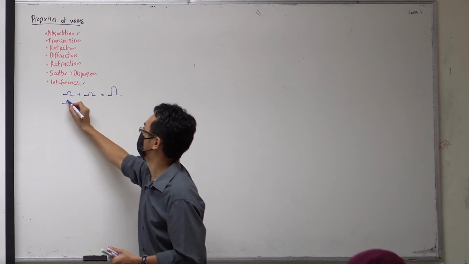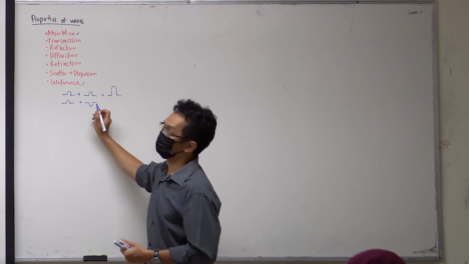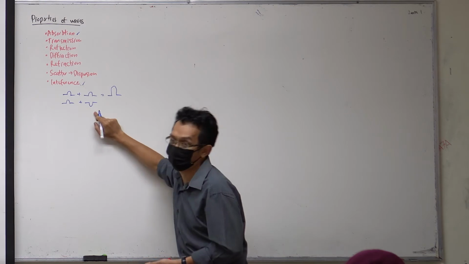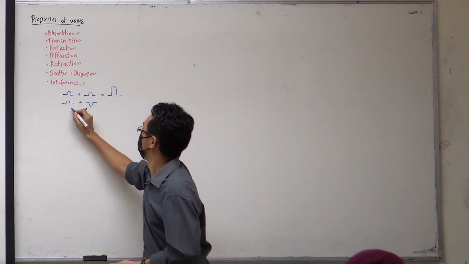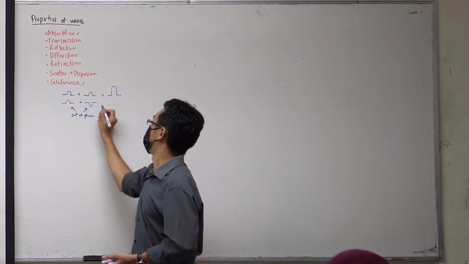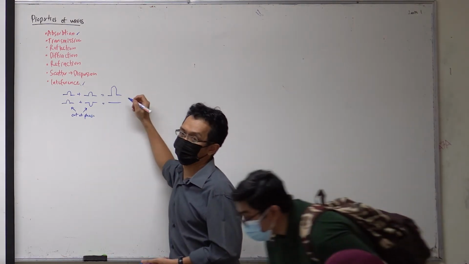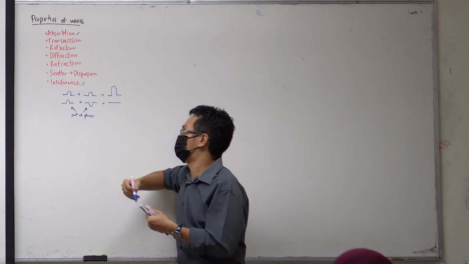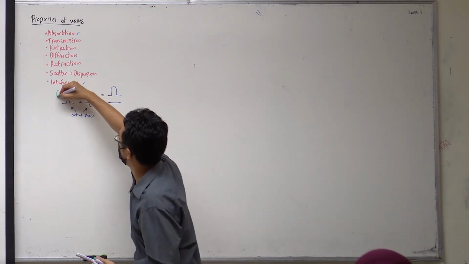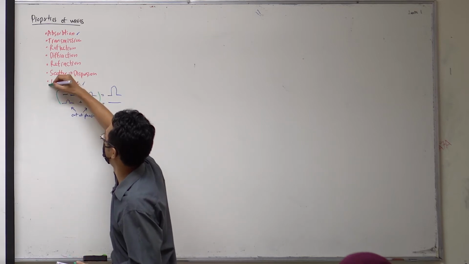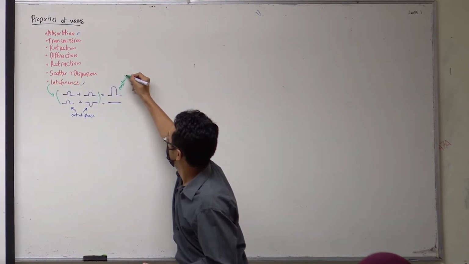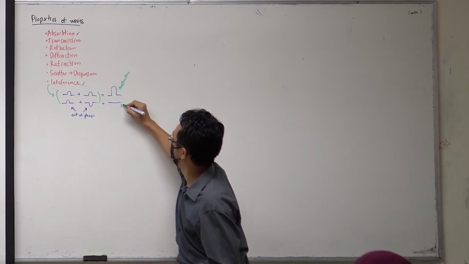If you have something like this and then you meet something on the opposite side, out of phase, then the wave will interfere destructively. This thing we call interference. This is constructive, and this is destructive.